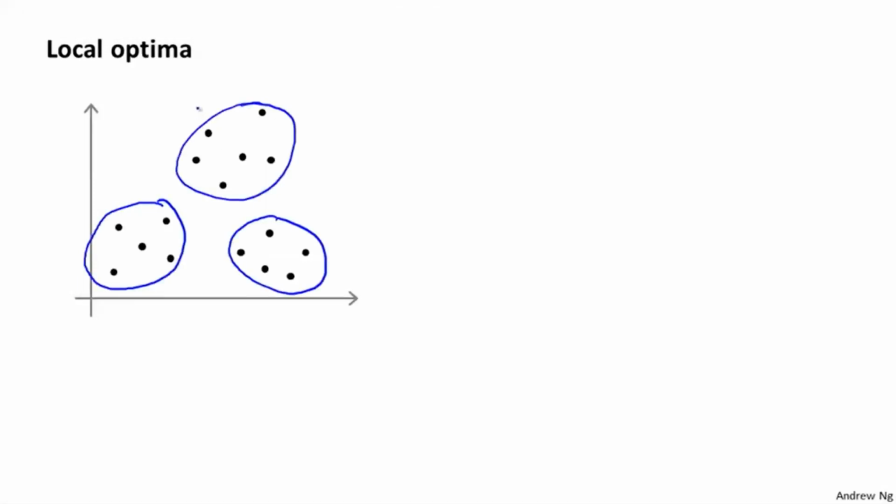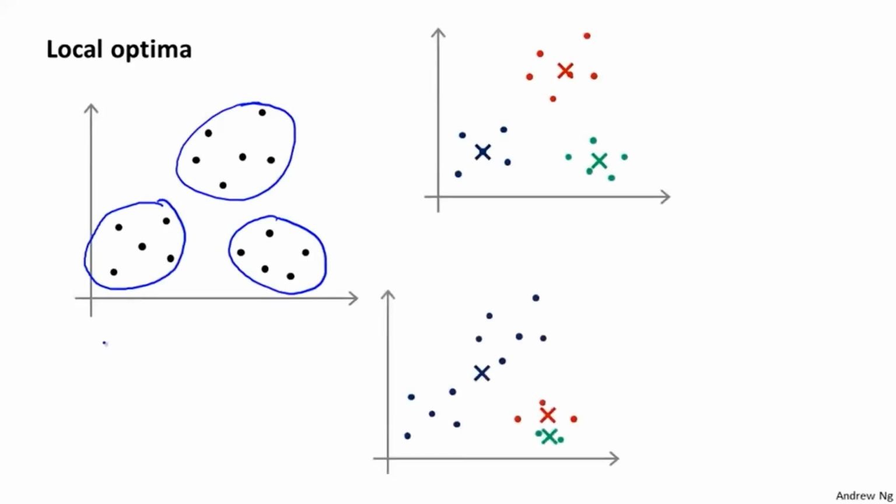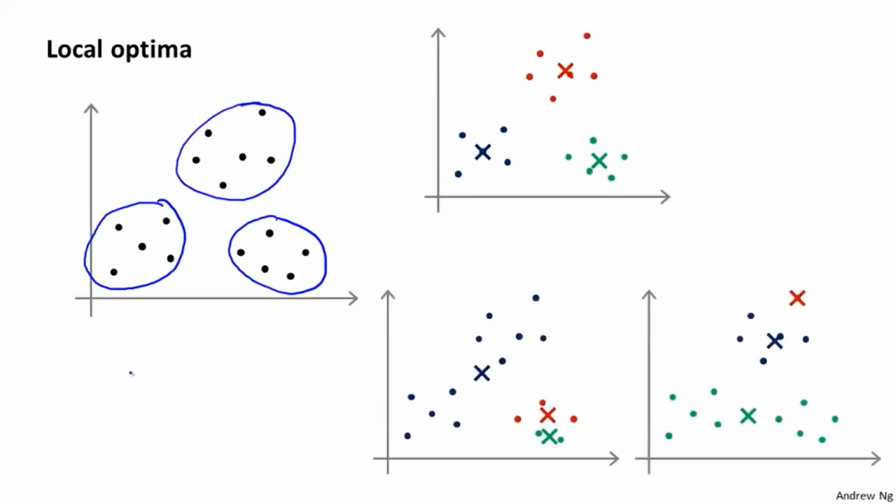If you're given a data set like this, it looks like there are 3 clusters. So if you run k-means and it ends up at a good local optima, this might really be the global optimum, and you might end up with that clustering. But if you had a particularly unlucky random initialization, k-means can also get stuck at different local optima.